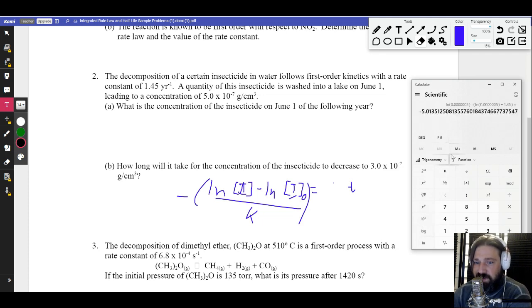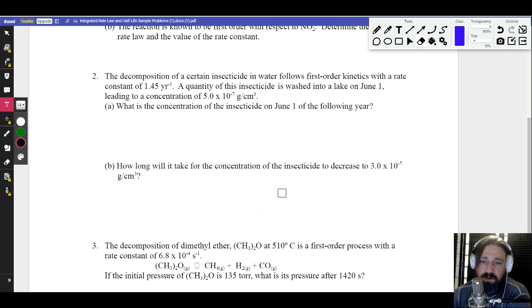Negative version of that is 5. So 5 years. 5 years for it to jump down. Hooray.